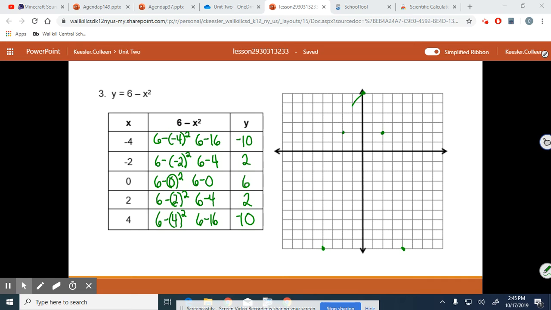So again, when we connect these points, we get a U shape because of the x squared, which once again proves that this is non-linear. So we'll write, after we label y equals 6 minus x squared, this is non-linear because it's not in slope-intercept form.